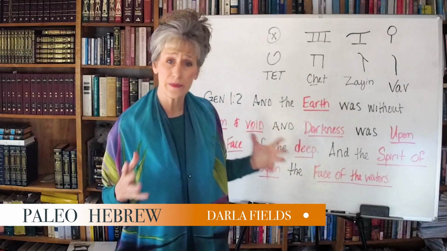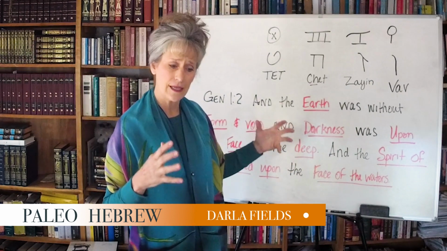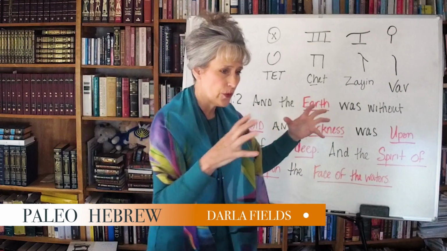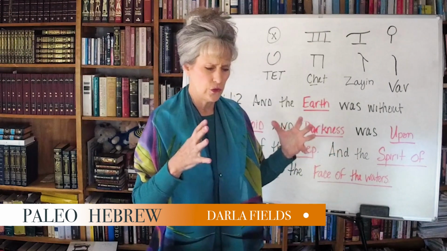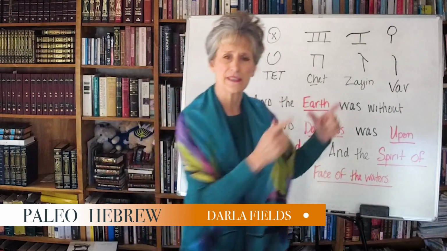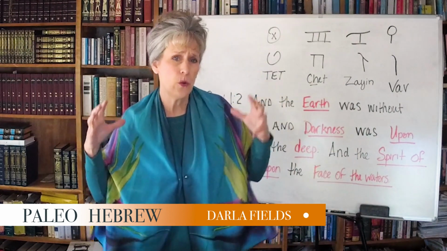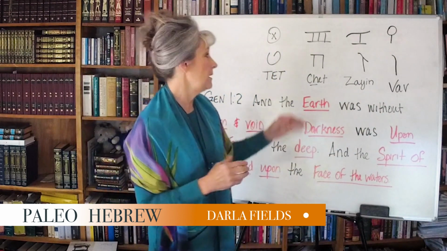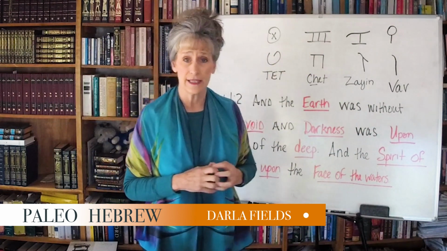But the concept is this, that you transcend from one place to another, and you're bringing forth life. So you're going from a bad place to a good place. You're going from a dark place into a light place. You're going from nothing to something. That is the concept behind this.